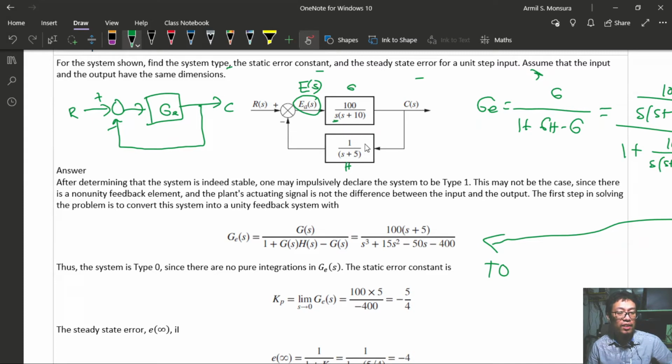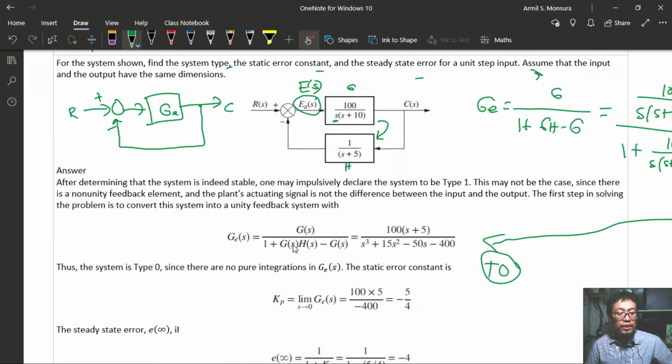Which is wrong kasi meron pa siyang feedback. We have to consider that feedback. So, in that case, we have to reduce this into a unity feedback system. And reducing this to a unity feedback system reveals na ito ay yung equivalent transfer function nyo and that your system is type 0. So, tingnan natin mabuti yun pagka we're dealing with a general system.